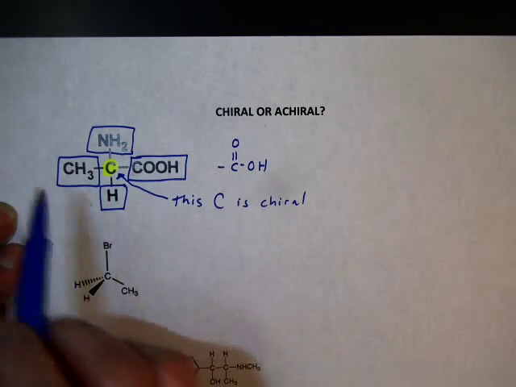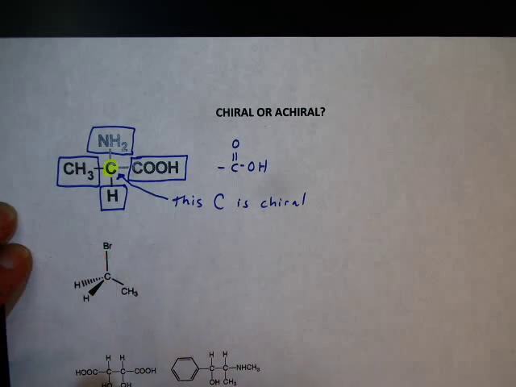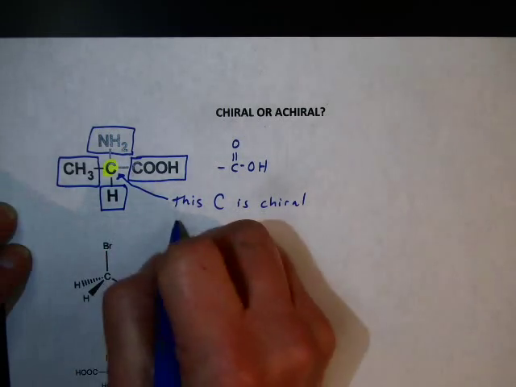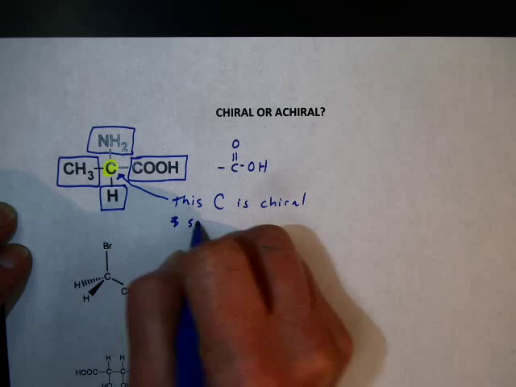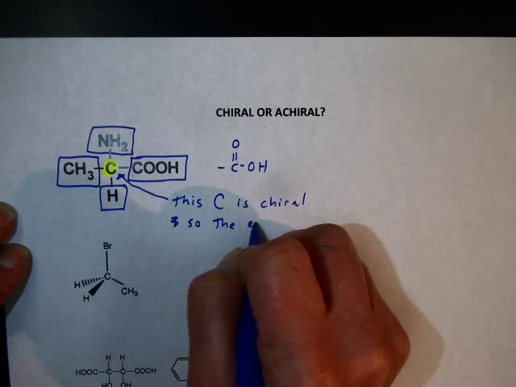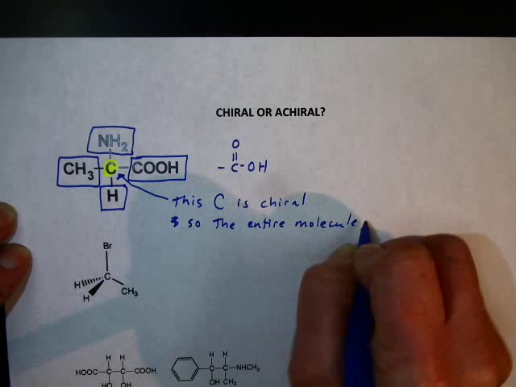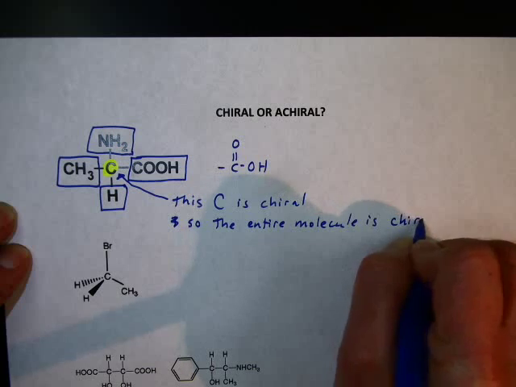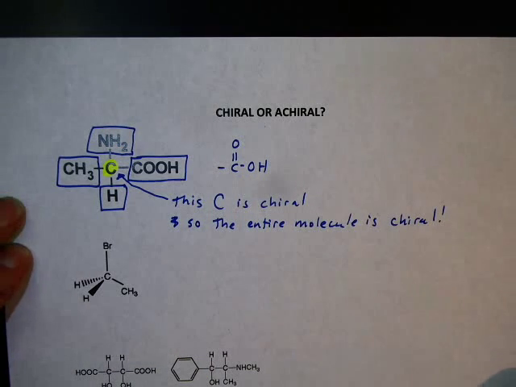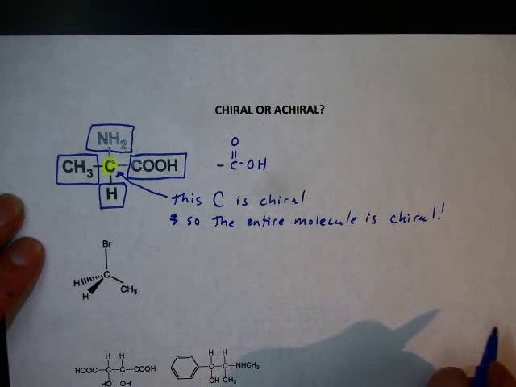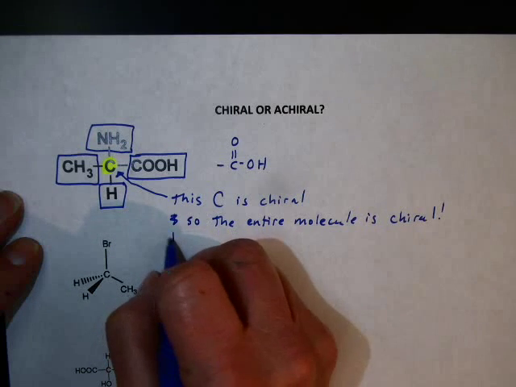And if you can find anywhere in the molecule one carbon that's chiral, then we can say the entire molecule is chiral. The entire molecule is chiral, and what we saw in the previous video is this.